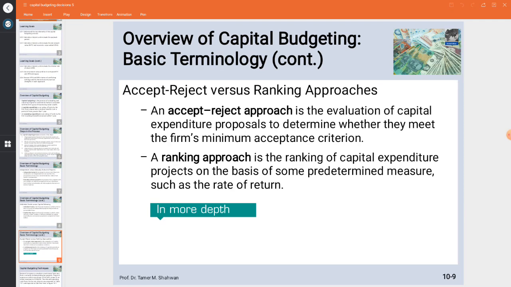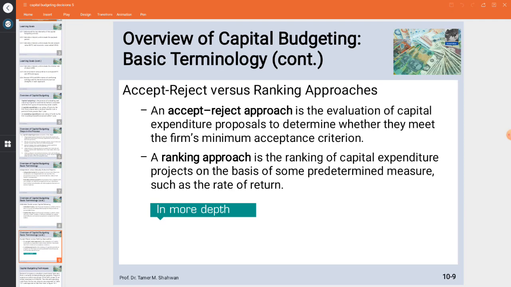your project based on this criteria. If this project meets the minimum acceptance criteria, you are going to accept the project. Otherwise, you are going to reject it.